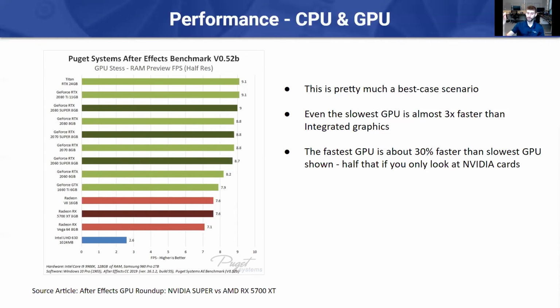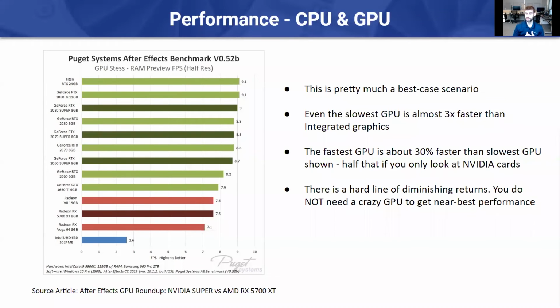It's about half of that if you're only looking at NVIDIA cards, but there is a very hard line of diminishing returns. You don't have to go all the way up to that top level to get that 30% performance bump. Usually a lot of our customers, I'll talk about this in the next slide, but like a 2060 Super or so is honestly going to be percentages in the best case to the fastest, most expensive cards you can get.